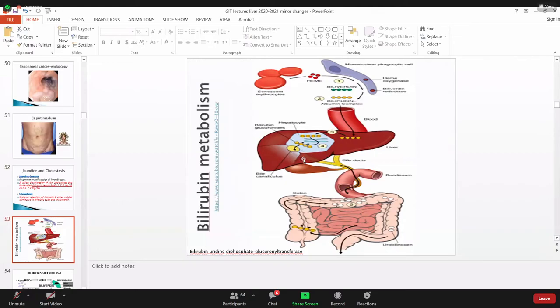In the liver it gets conjugated by bilirubin glucuronidases, and then it travels through the bile ducts into the ampulla of Vater and the duodenum. Then it reaches the large intestine to be excreted in feces or reabsorbed for the enterohepatic circulation. Or it goes to the kidney to be excreted as urobilin.